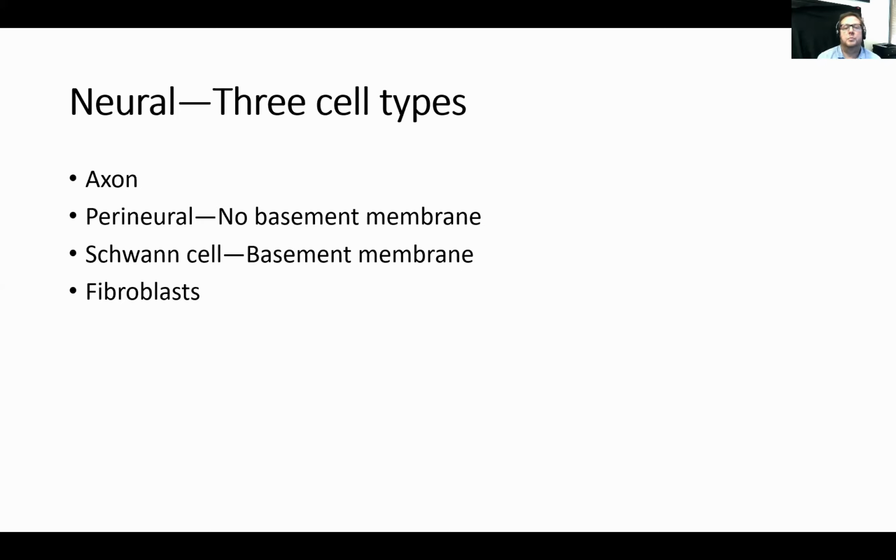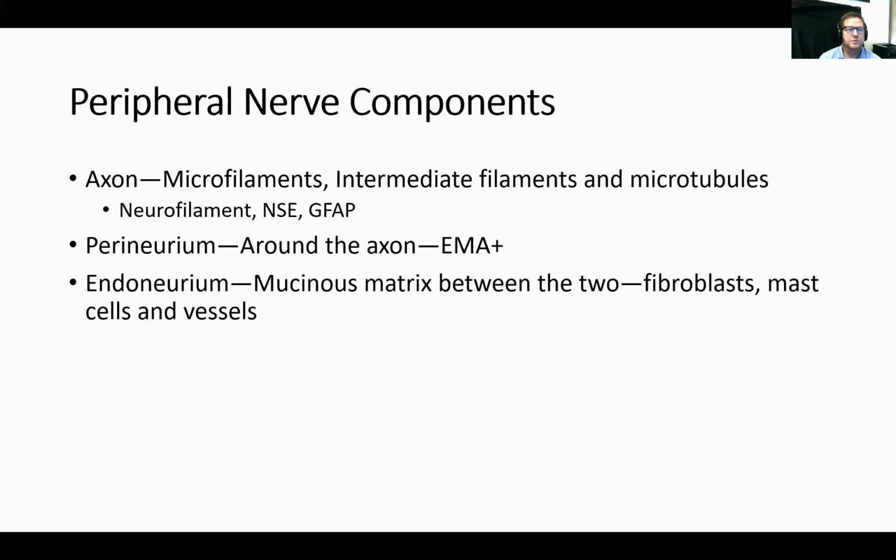In neural tumors, we're basically dealing with peripheral nerves. So it's different from CNS neuropathology, but we always have axons or dendrites. Then you have the perineurium, which, concept-wise, has no basement membrane, Schwann cells, which make basement membrane material, and then supporting fibroblasts. And you do have vessels in there.